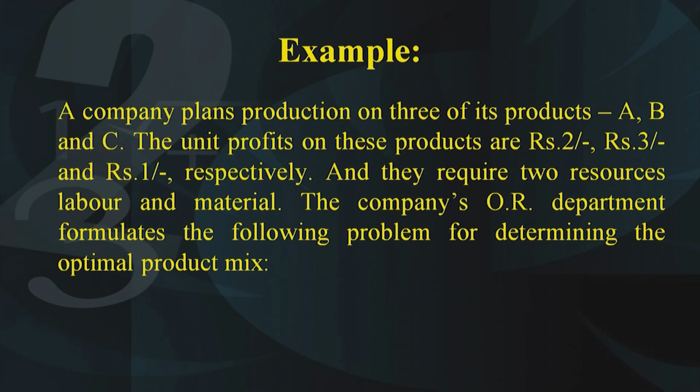So, the problem is that a company plans to produce 3 of its products, let us say A, B and C. The unit profit on these products is given to be rupees 2, rupees 3 and rupees 1 respectively, and they require 2 resources, that is labor and material.